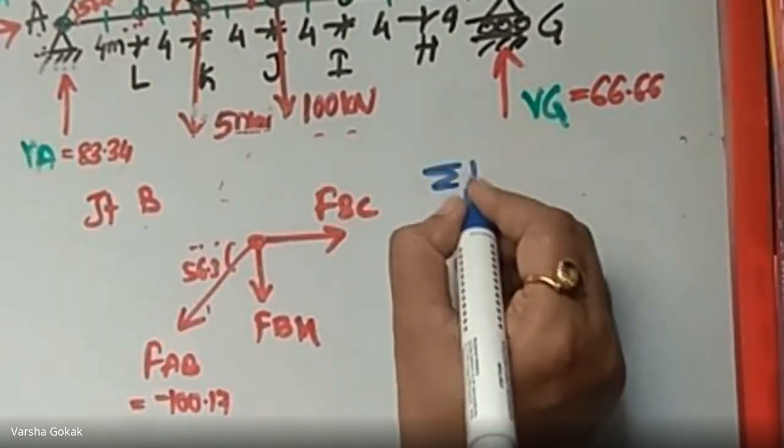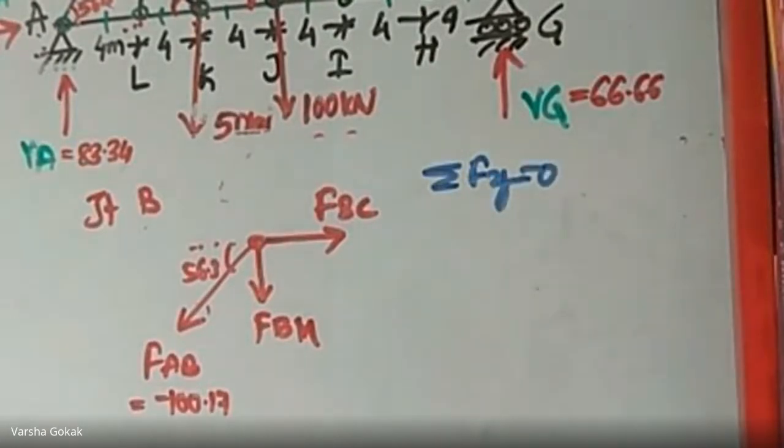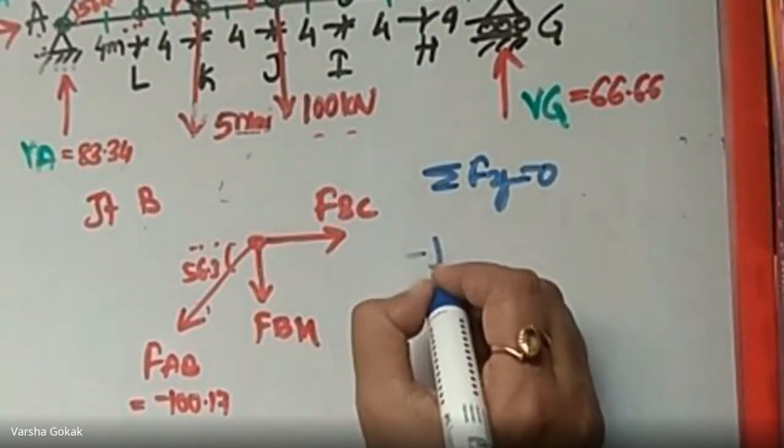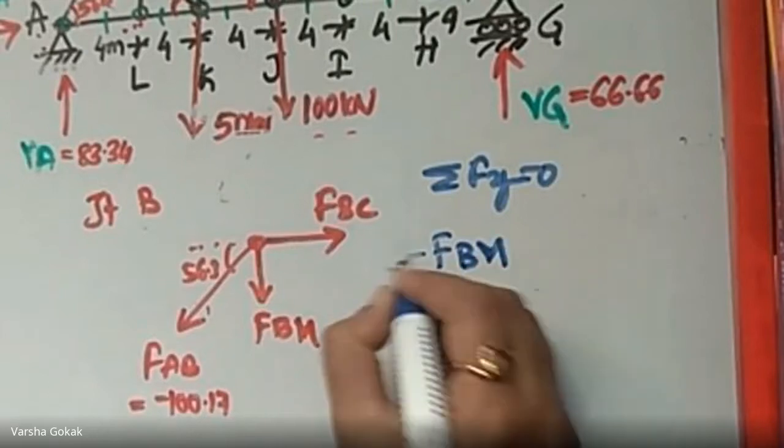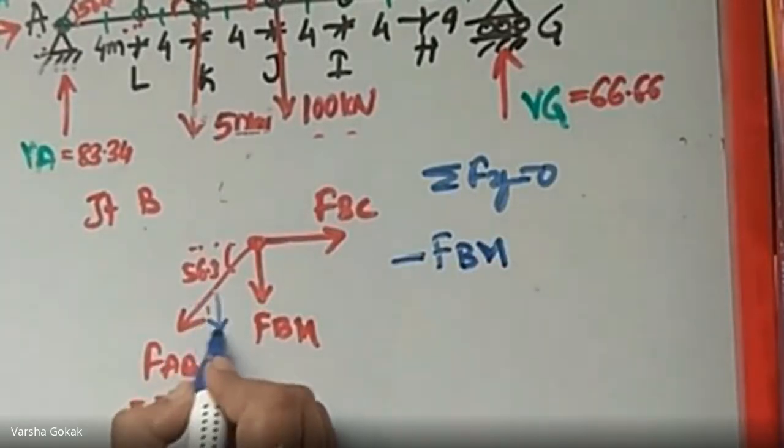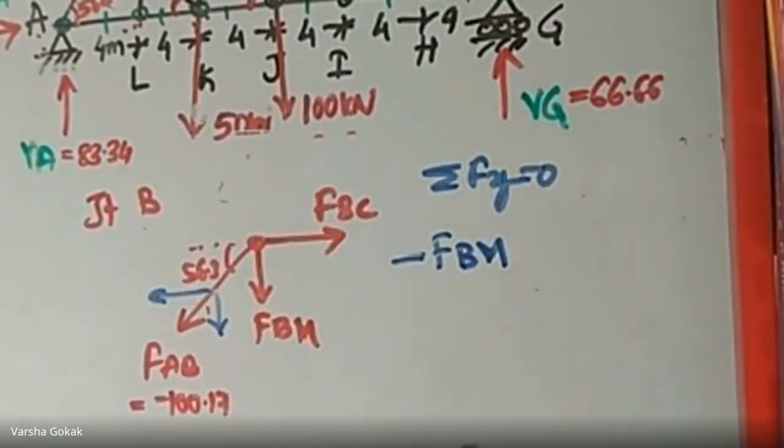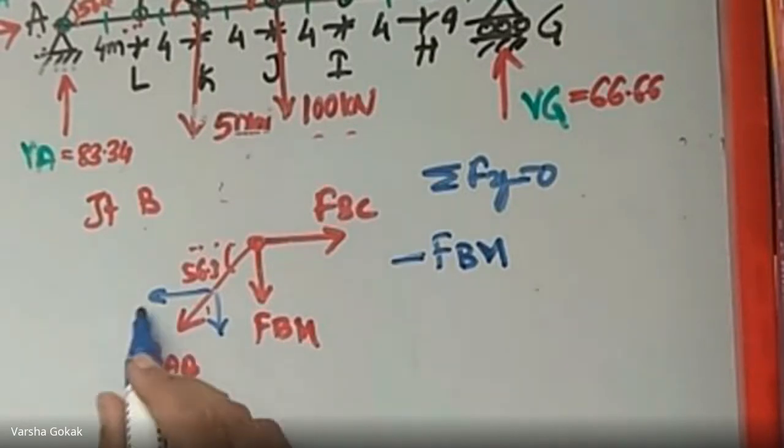This is our joint B now. In this, the FAB value we know, that is minus 100.17. So let us apply summation f of x and summation f of y. I'll take first summation f of y equal to 0. In y, I have minus FBM, and this is going to get resolved in this pattern because this is a third quadrant force, minus x minus y.